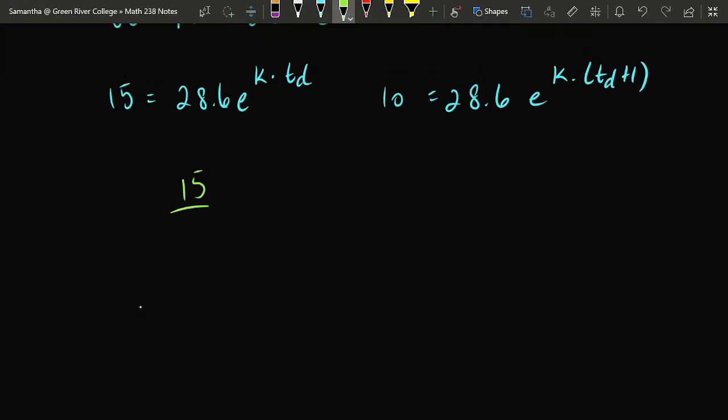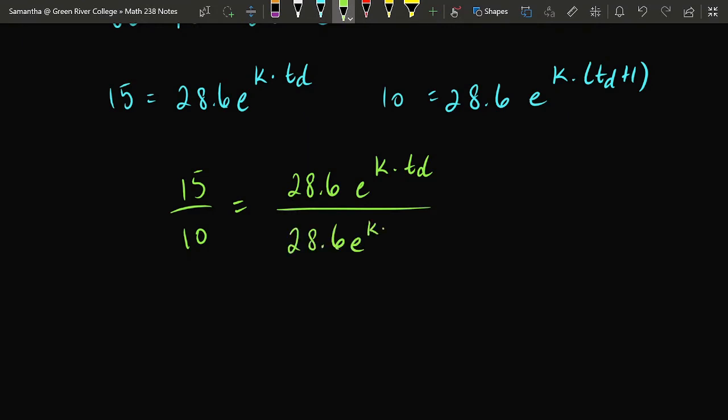So if I take 15 divided by 10, that will be equal to the 28.6 e to the k times the time of discovery divided by 28.6 e to the k times the t of discovery plus 1. So let me just go ahead and distribute that k through.